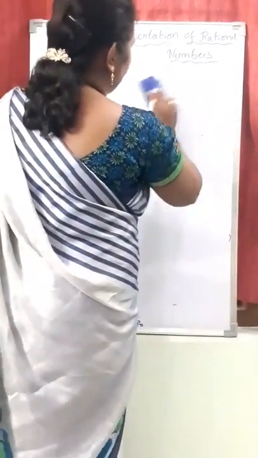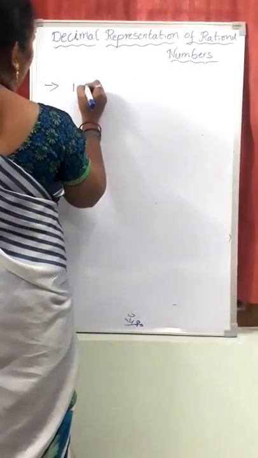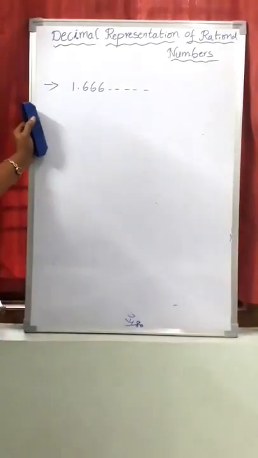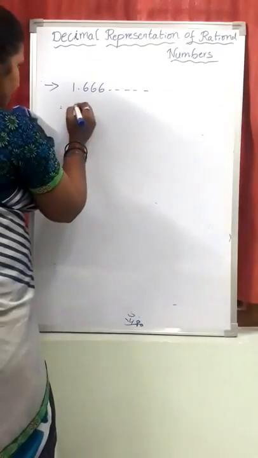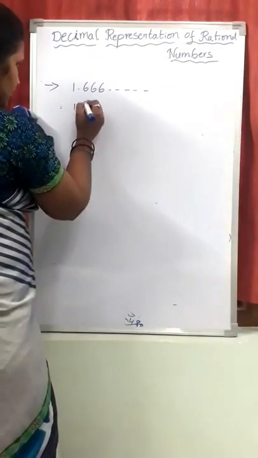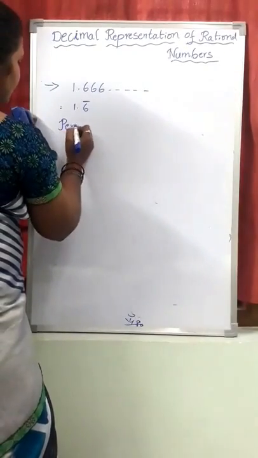Let us see. 1.666 and so on. It is a non-terminating recurring decimal. This can be represented as 1.6 bar. This bar indicates that 6 is repeated infinitely, and this 6 is called the period of this non-terminating recurring decimal.